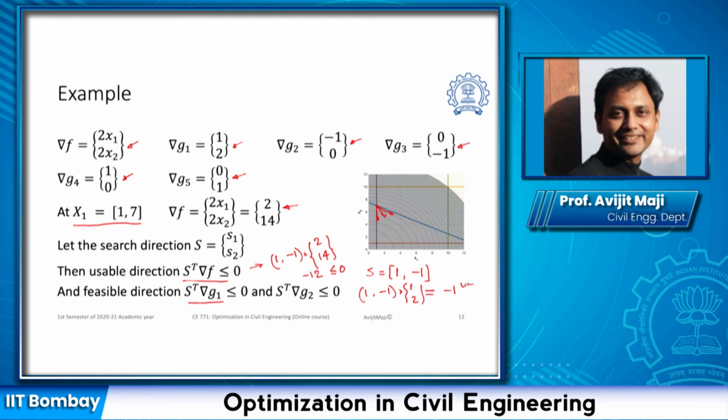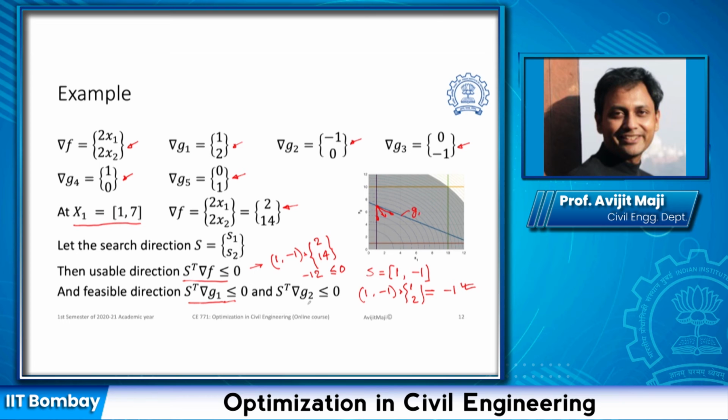So it satisfies the first gradient, it is a feasible direction with respect to the first constraint. So this was my first constraint G1. With that, if I go in any direction, it is feasible and we can use this particular direction.